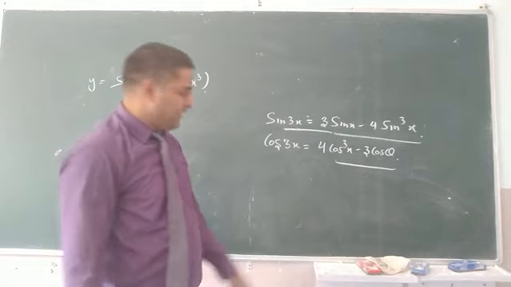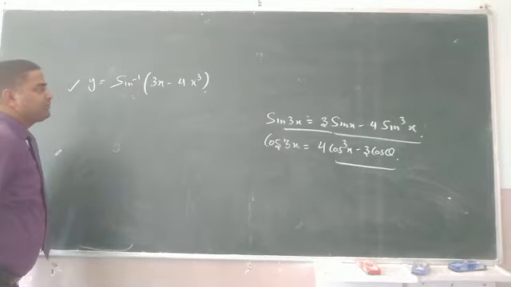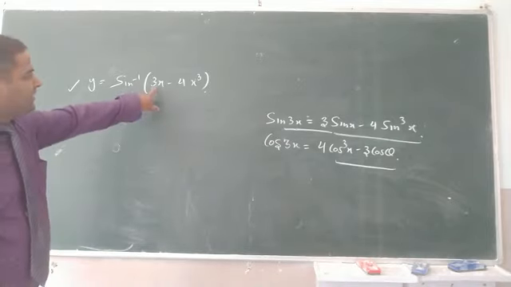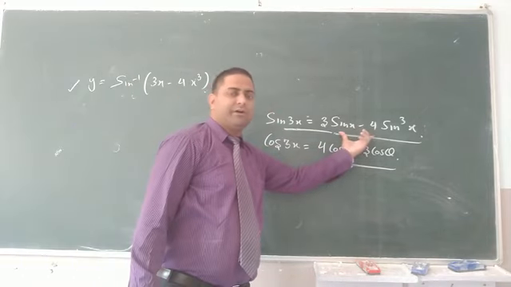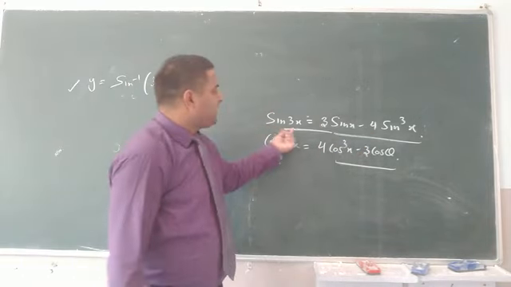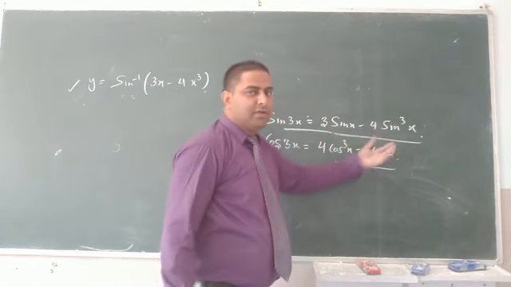Now, if you look at this question, y is equal to sine inverse of 3x minus 4x cube. It looks like this formula, sine 3x equals 3 sine x minus 4 sine cube x.